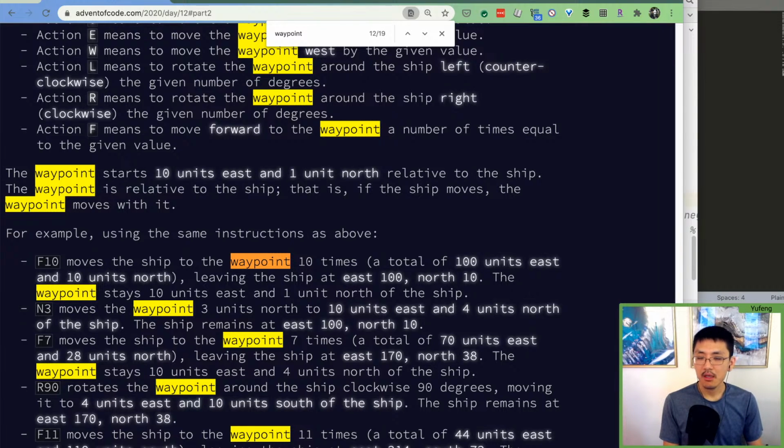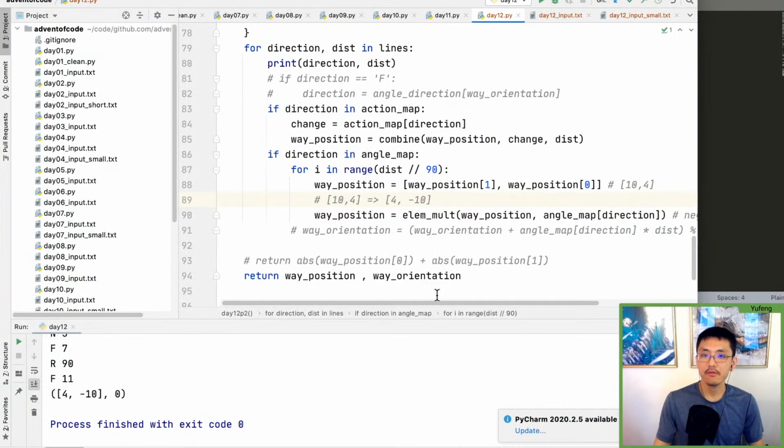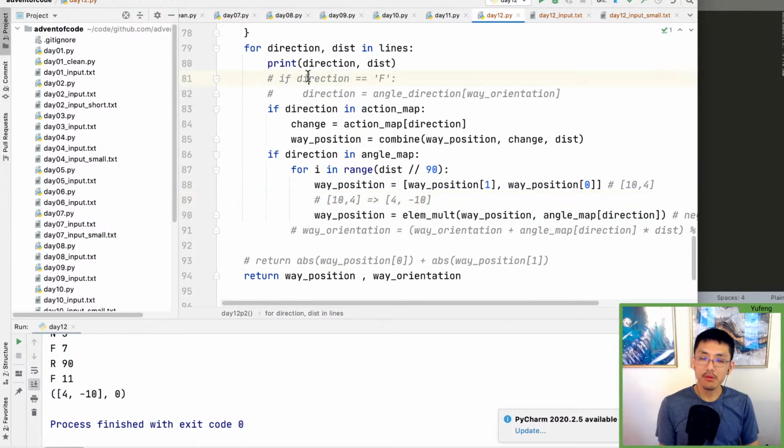Good, good, good. So now comes the final step here, hopefully, where we're going to move the ship forward each time, right? This step here. If it is forward, come on. I don't even know what the keyboard shortcut is to collapse the code. I just do it by accident sometimes.